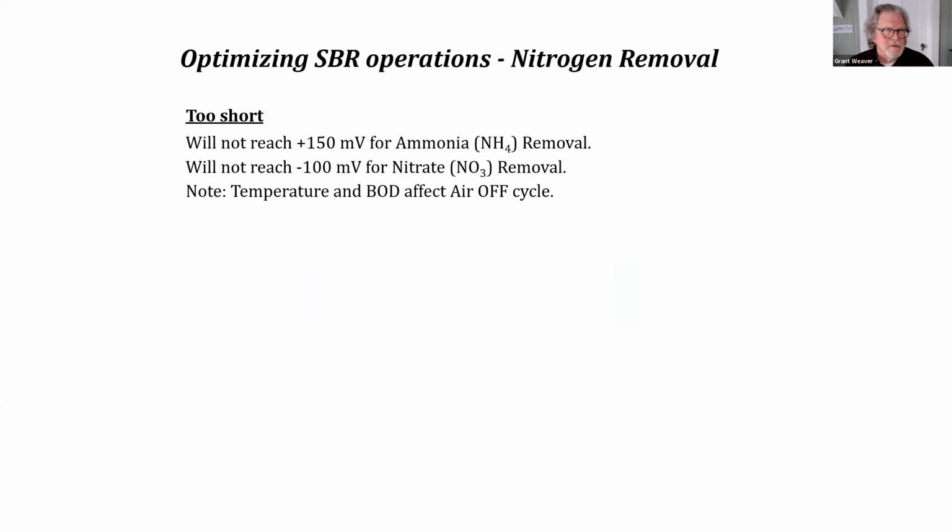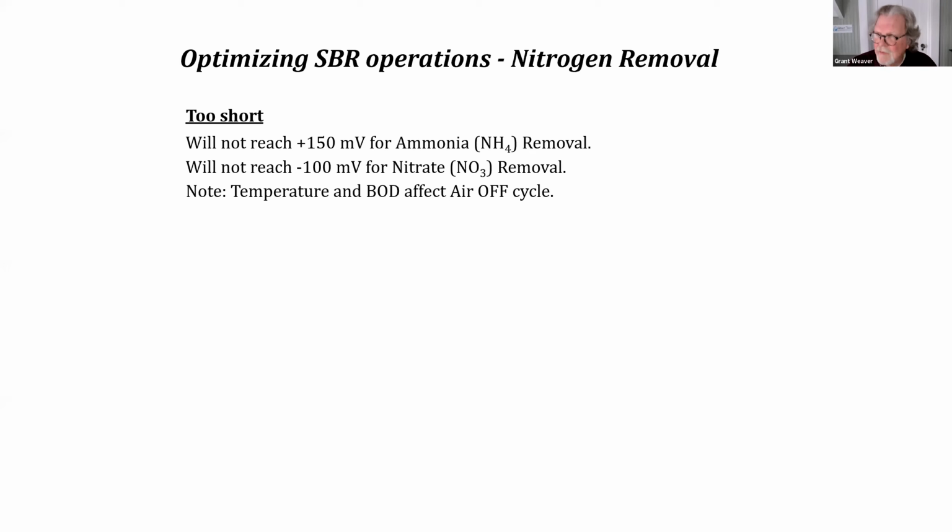So too short, your cycles don't reach your targets. Huge note here on the temperature. In the winter months, it can be hard for the bacteria to be active enough to get the kind of nitrate removal you've gotten used to in the summer. Don't make the mistake I did and be too tenacious and drive your plant septic.